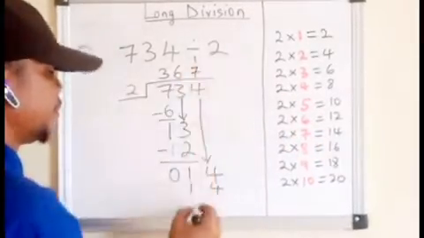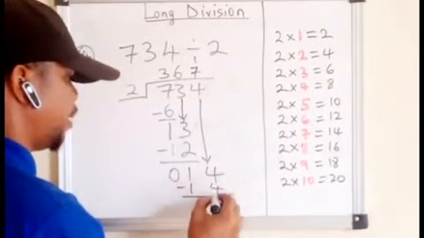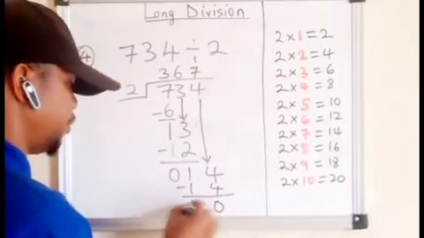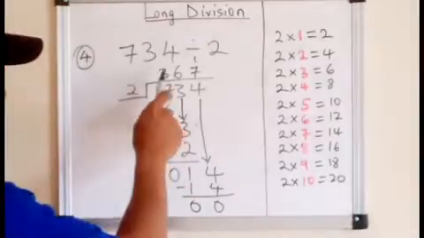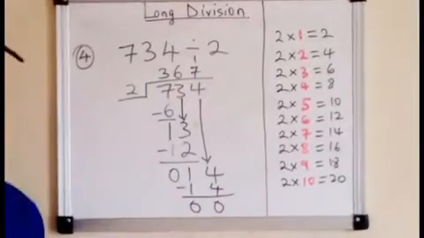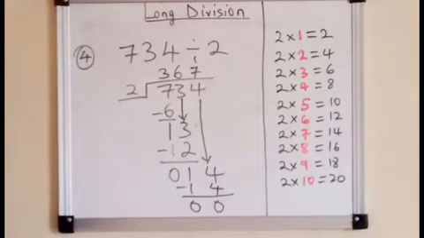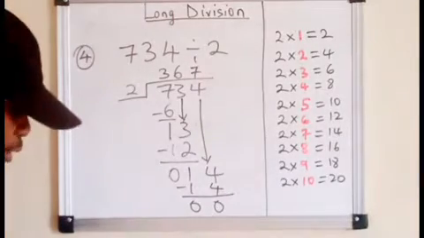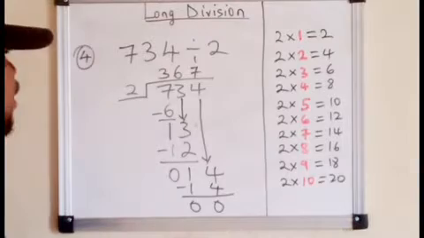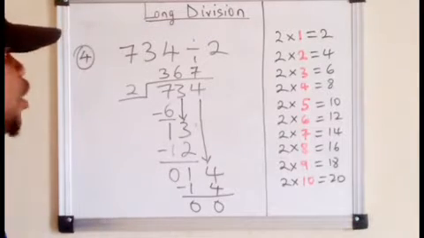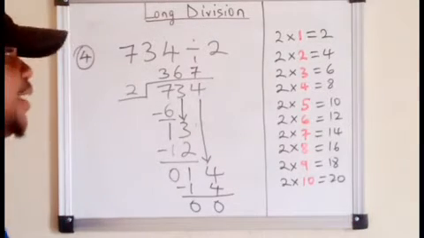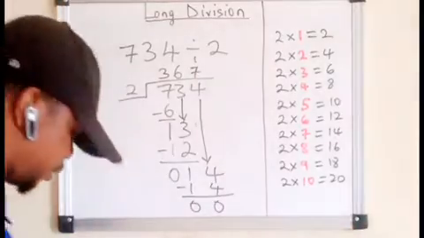Write it down here. And then we subtract. 4 minus 4, 0. 1 minus 1, 0. So our answer becomes 367. Therefore, 734 divided by 2 is equal to 367. So that's how we handle problems that involve numbers which we can't trace in the multiplication table.